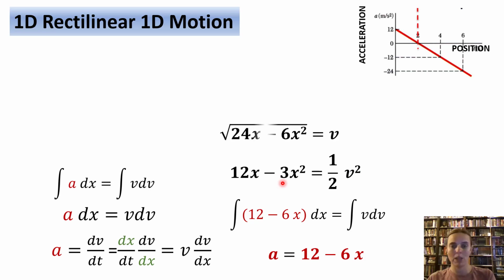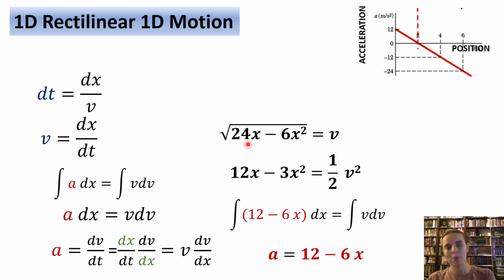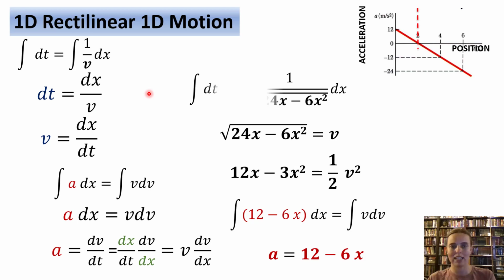Okay, what can we do with this? Well, what equations do we have for velocity? We know velocity is dx dt, so we can rearrange this again, only now there's no times in here, right? If we're going to combine like terms, it's going to start getting a little bit messy because we have velocity in the denominator now. Some of the calculus can get a little bit messy, but you get the point.